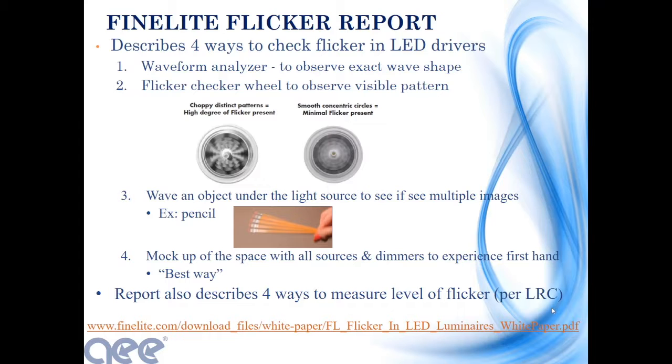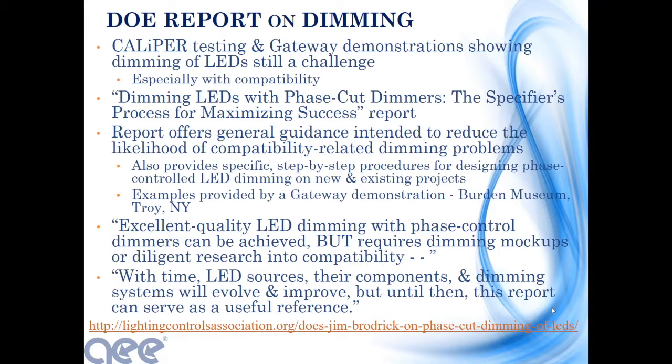The report also describes 4 ways to measure level of flicker. There's a DOE report on dimming, caliper testing, the program from the DOE, and the gateway demonstrations are showing dimming of LEDs is still a challenge, especially with compatibility.